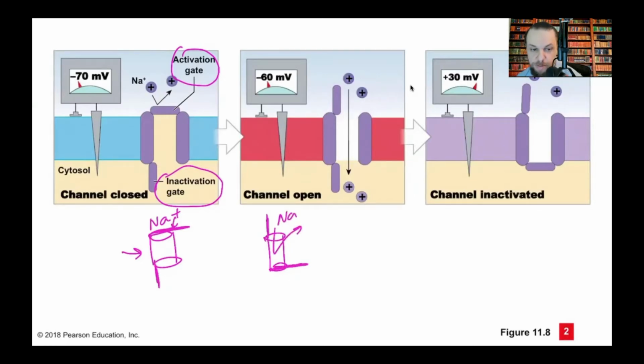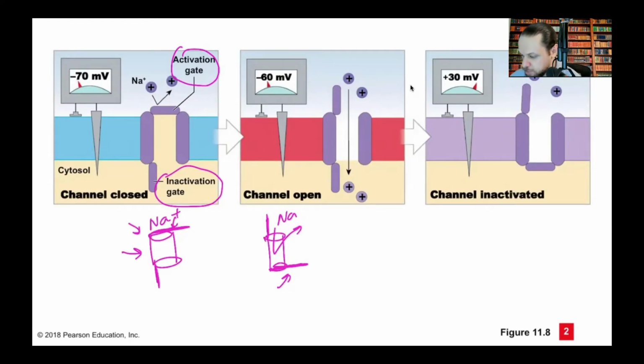So as the electric gradient changes, what opens and what closes? For sodium, what triggers the opening is reaching threshold potential. What causes the closure is when it almost reaches its equilibrium potential.